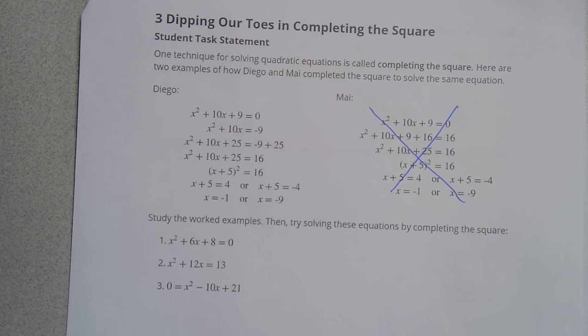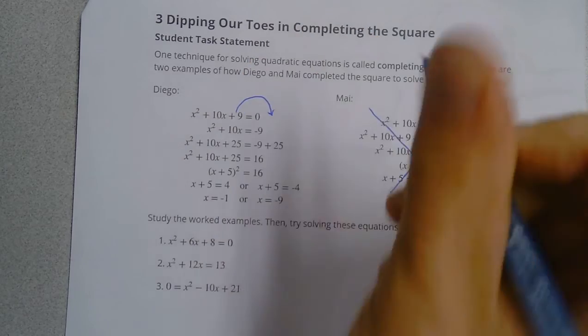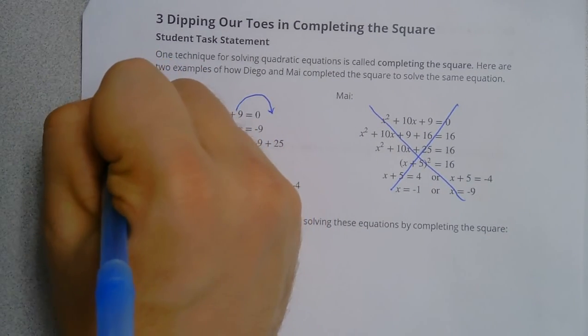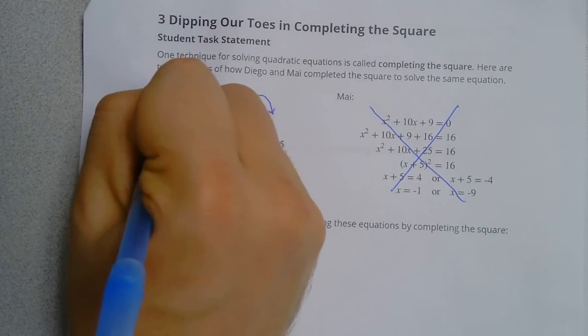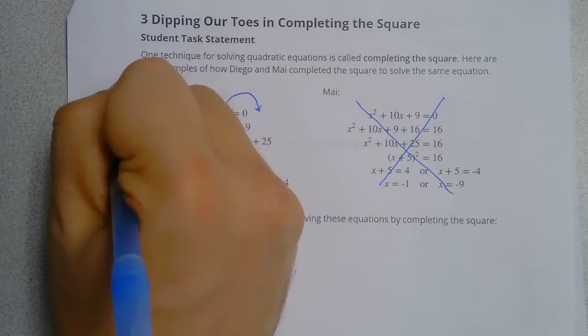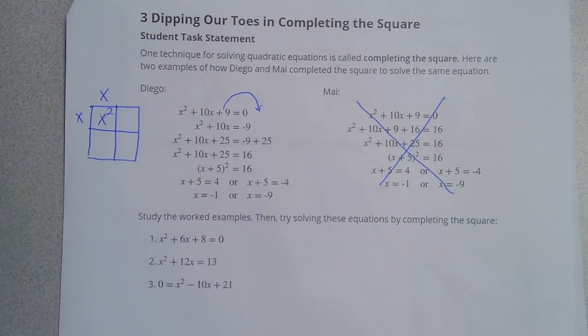Diego's process: he has x squared plus 10x. He moved the positive 9 to the other side. So he is creating a perfect square. We have x squared right here, which would break down into x and x.